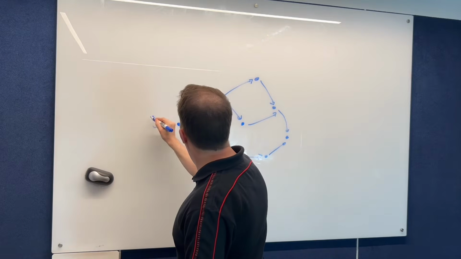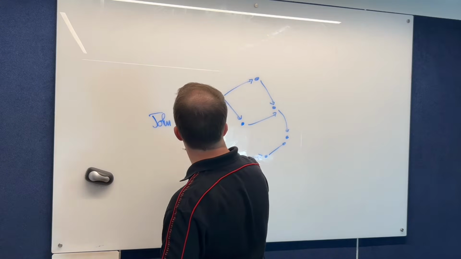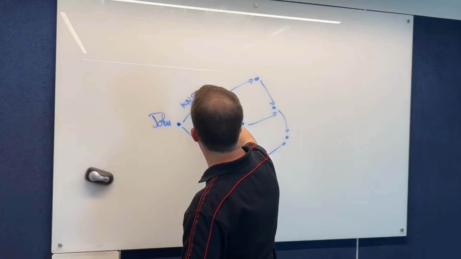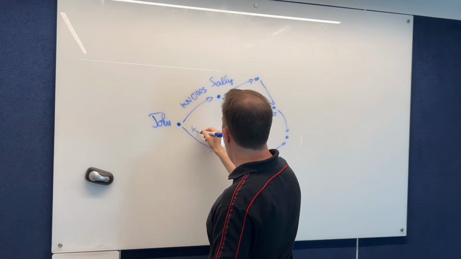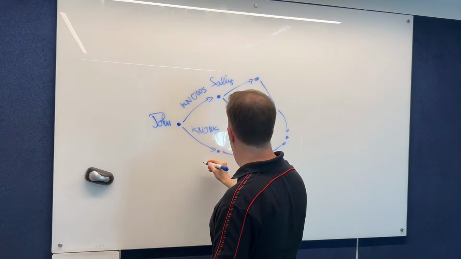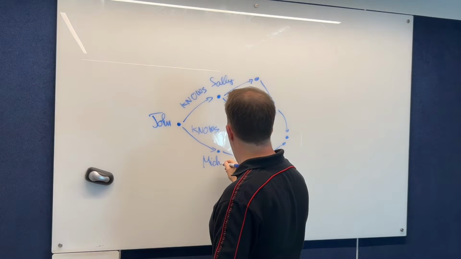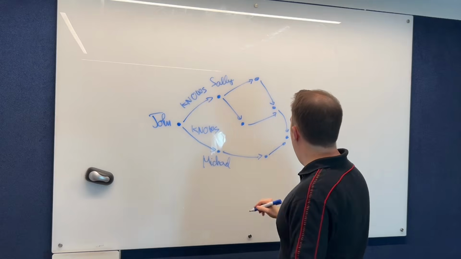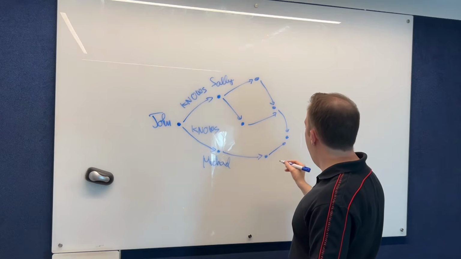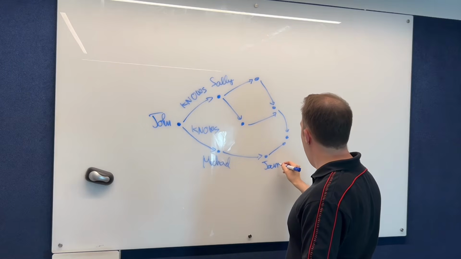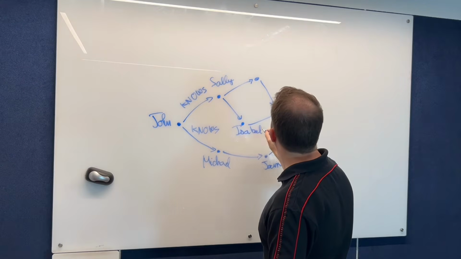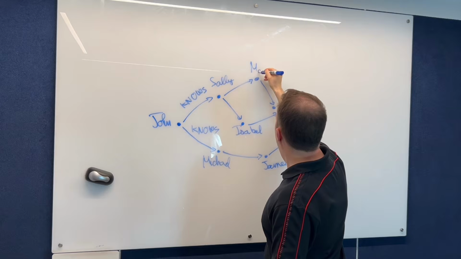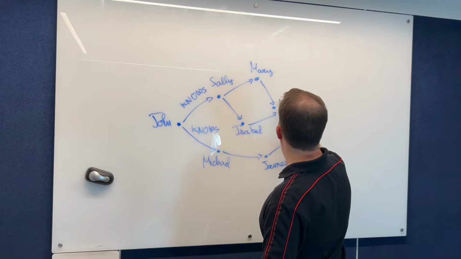I can have a node called John, for example, that knows Sally, and he also knows Michael. And then there is a bunch of other people, like James, Isabel, Mary, and Peter.